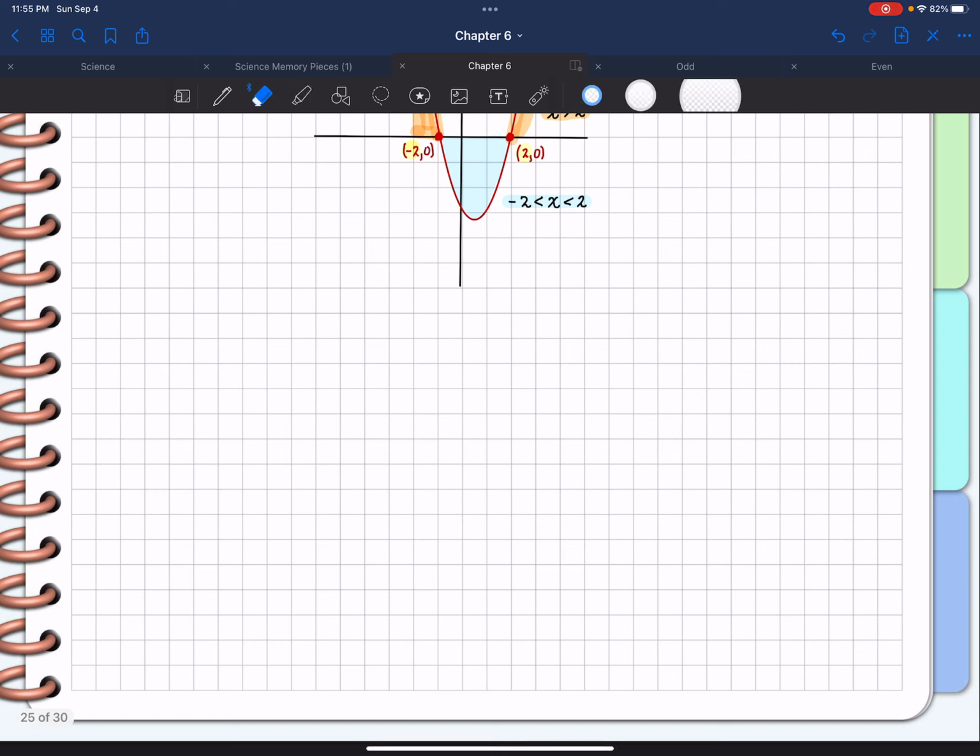So let me erase out this little piece and draw myself another coordinate plane. I should have copied that one while I was drawing, but I forgot. So it's okay. Let's draw another one. We're going to use another parabola.